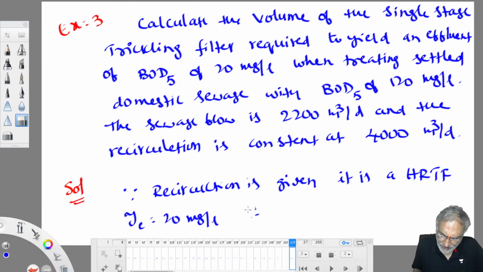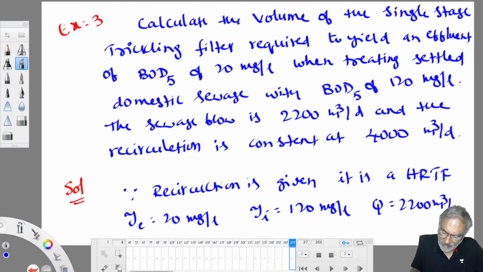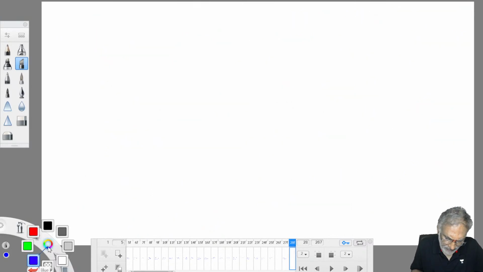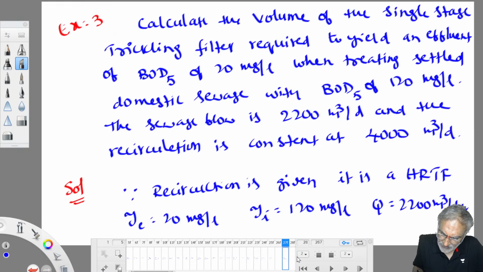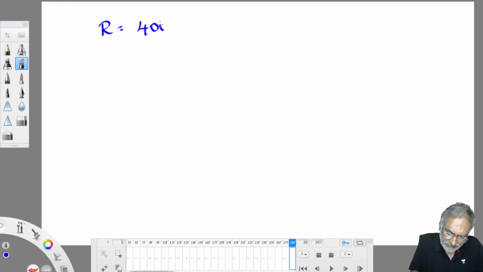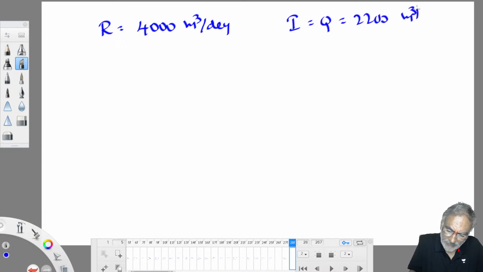BOD of influent is given as 120 milligram per liter. Q is given as 2200 meter cube per day. Recirculation is given as 4000 meter cube per day. And I is nothing but Q, 2200 meter cube per day.